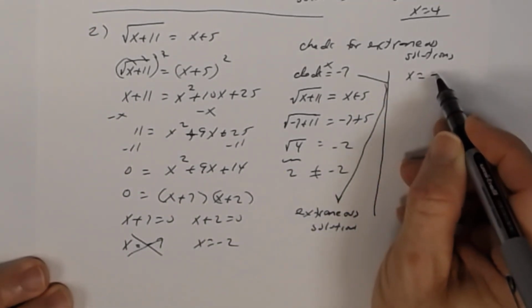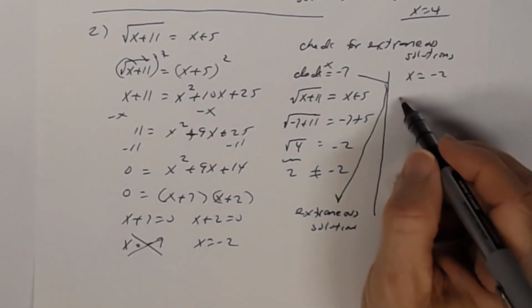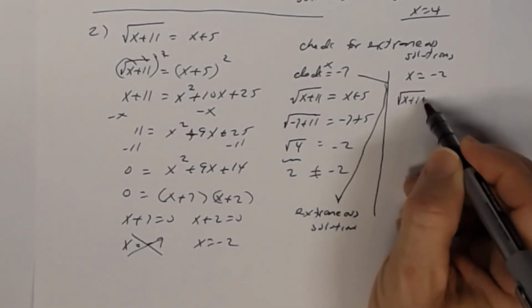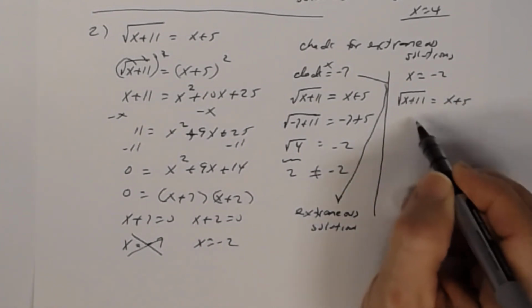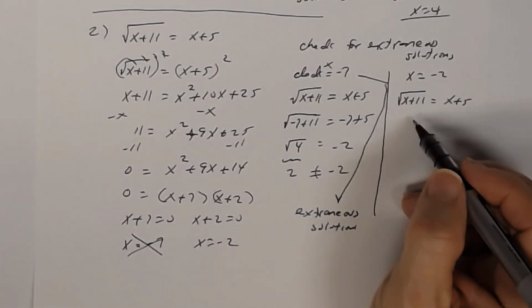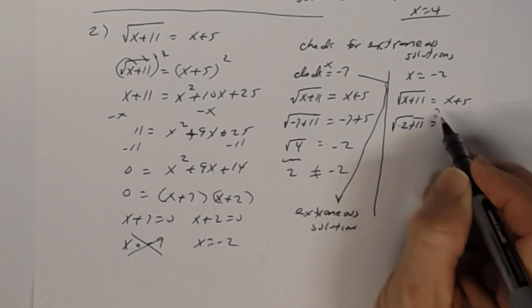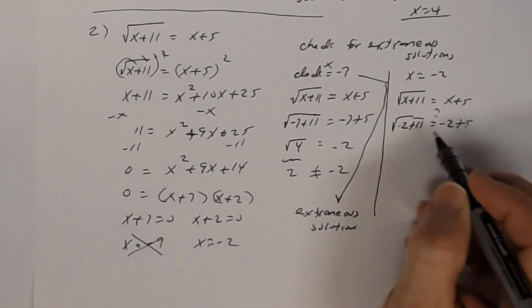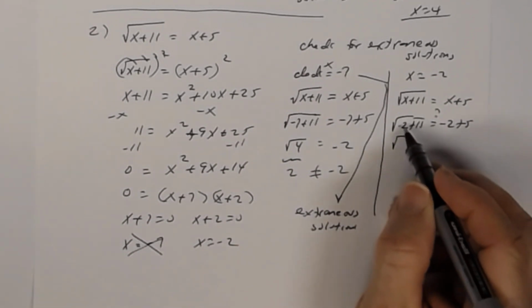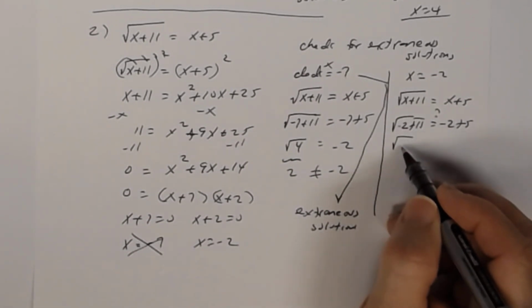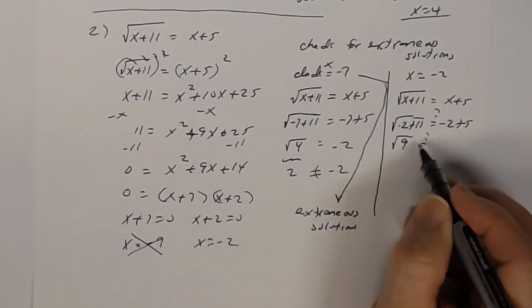So we're going to check x equals negative 2. My original problem is the square root of x plus 11 equals x plus 5. So in place of x, I'm going to substitute negative 2. So I get the square root of negative 2 plus 11 equals negative 2 plus 5. Well, the radicand, negative 2 plus 11, is 9, so the square root of 9 on the left side.